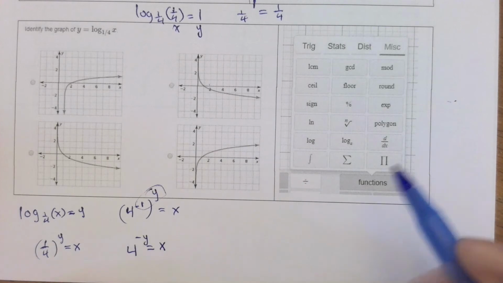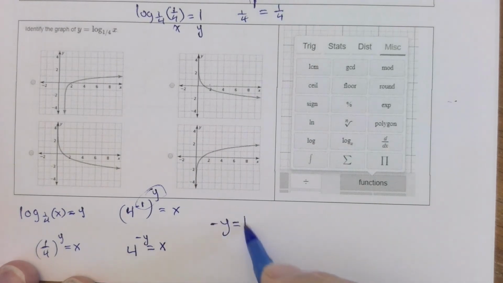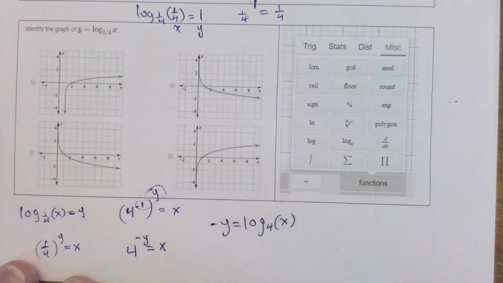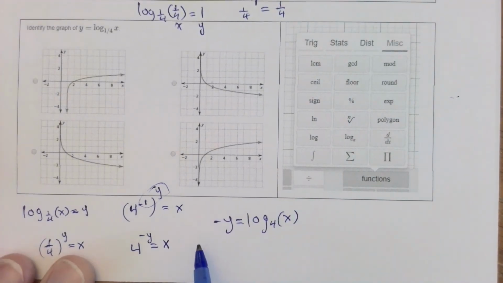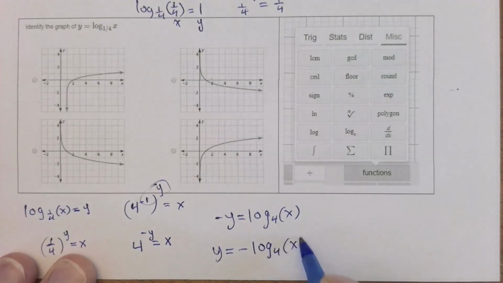Now, go back to the definition of what a logarithm is and say, okay, if this is the exponent, this thing here is the log. So negative y is the base 4 log of x. X is the answer to this power. Now, multiply both sides by -1, and this is what you get: negative log base 4 of x.